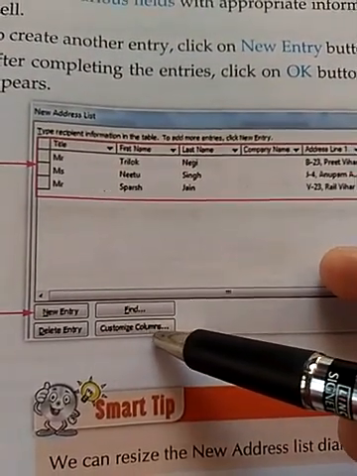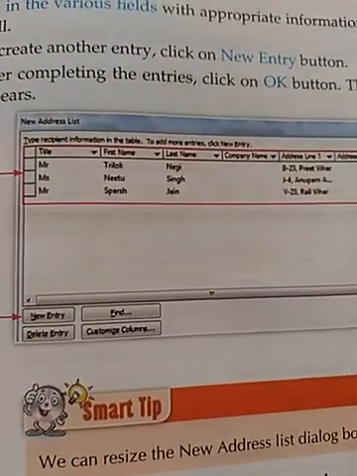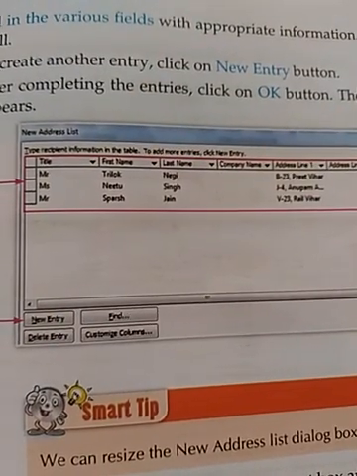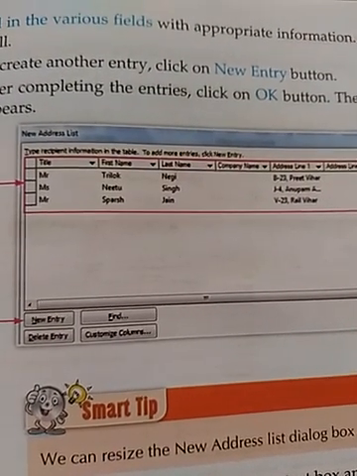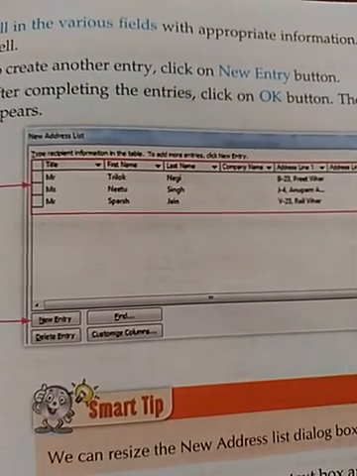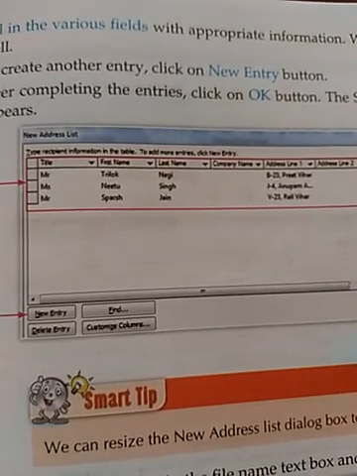When you click on this option, customize column, another dialog box will appear which will ask you to enter the name of the new column, or to delete the existing column, or to rearrange the columns. Means you can change the order of the columns.